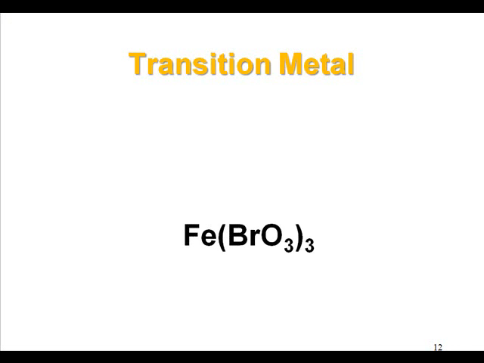So if we have iron and we have bromate 3, you'll notice that iron can have two different states. Iron can be a +2 or it can be a +3. How are you supposed to know if iron's a +2 or a +3, or perhaps iron might be a +1 and a +4?